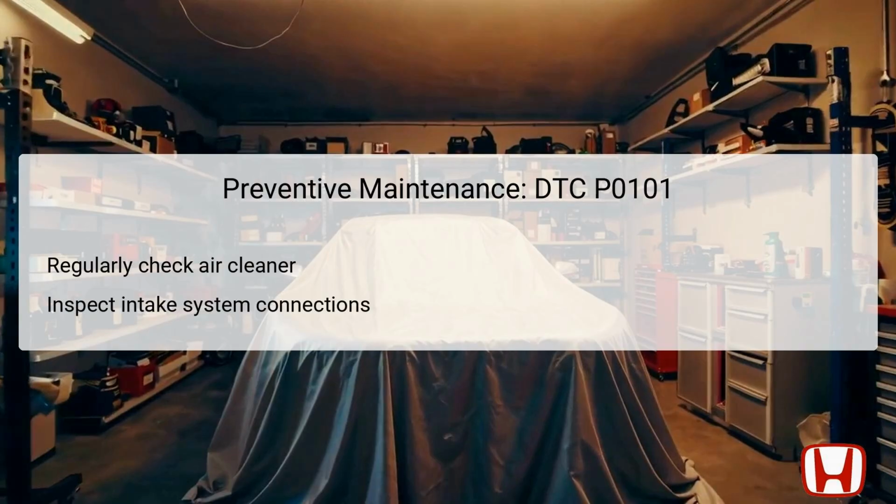In addition, routinely checking intake system connections for damage or looseness identifies potential issues before they lead to significant failures. Keeping electrical connections clean and secure also aids in preventing electrical faults that may affect sensor readings. A commitment to these maintenance practices can significantly enhance vehicle reliability.